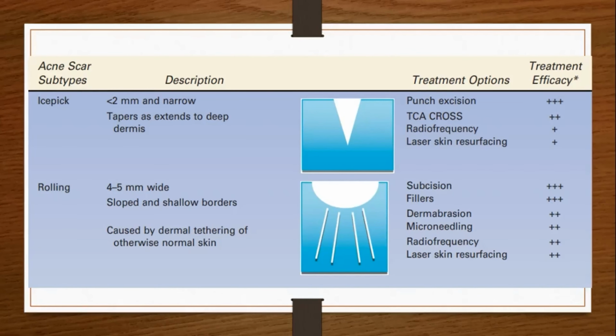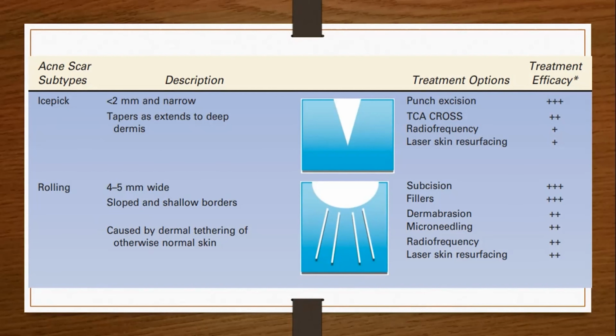If you see in this picture, for ice-pick scars, what treatment modality can we choose for the optimum outcome? Depending on various recommendations, research and trials, for ice-pick acne scar the best treatment would be punch excision.